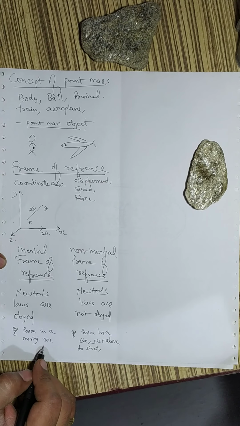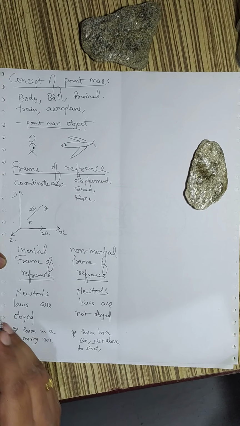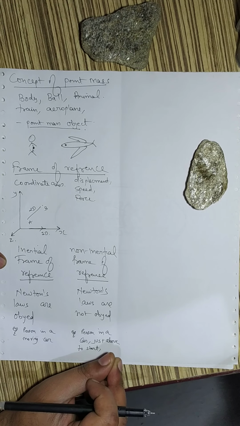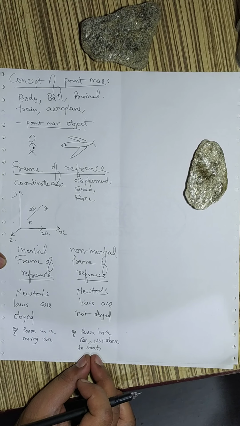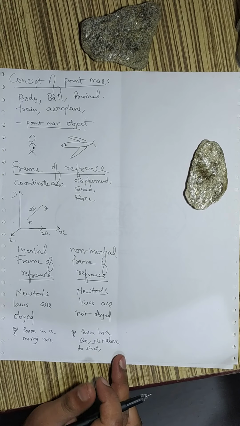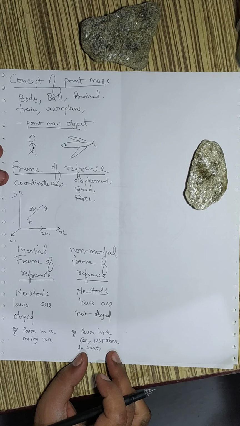When you are sitting in a car at standing condition, it is an inertial frame of reference. But the instant at which the car starts to move, that 1 or 2 second interval, maybe even half a second, in which the car starts its motion until it reaches its constant velocity, that is a non-inertial frame of reference.